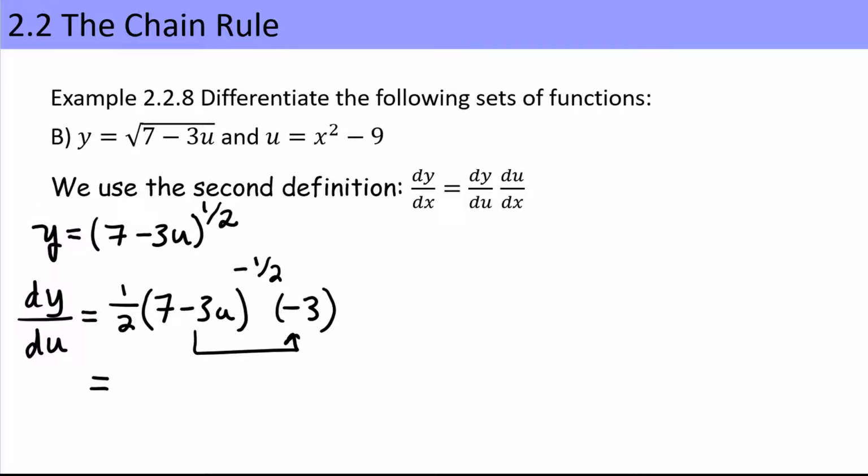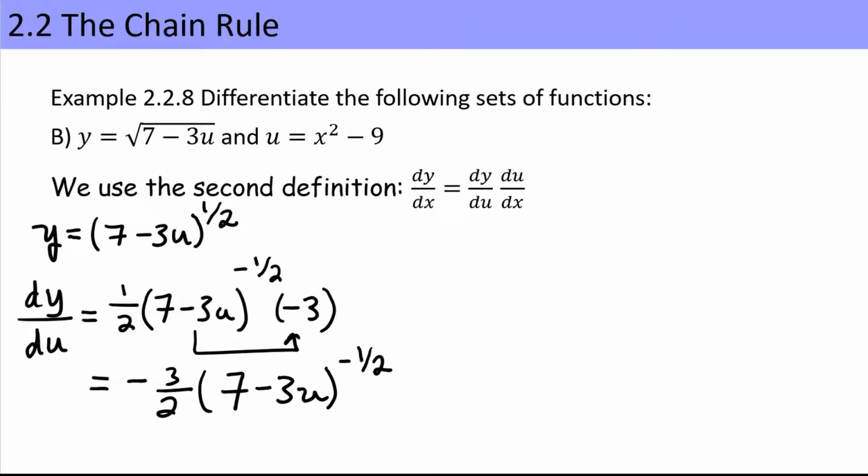Let's clean this up a little bit and write it as negative 3/2 times the quantity 7 minus 3u to the power of negative 1/2.